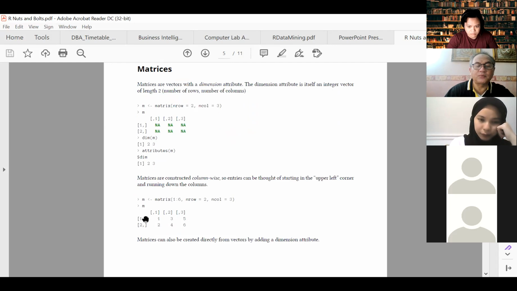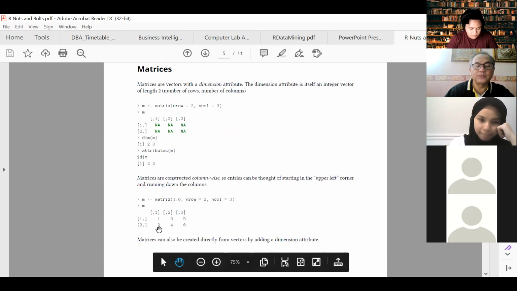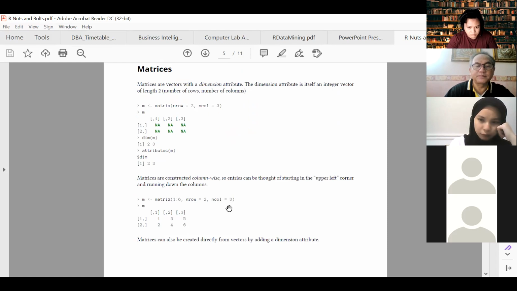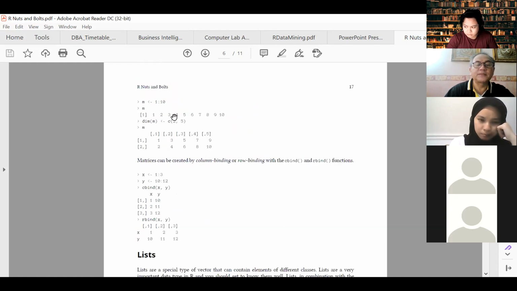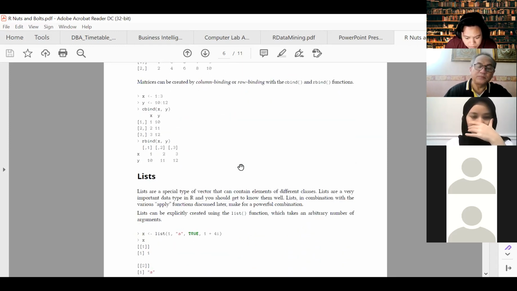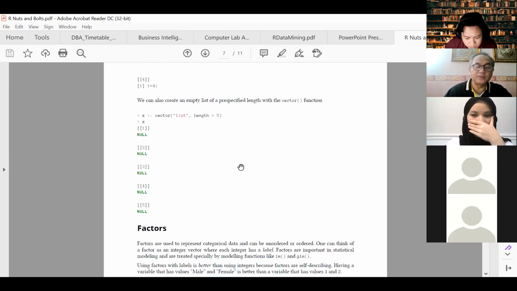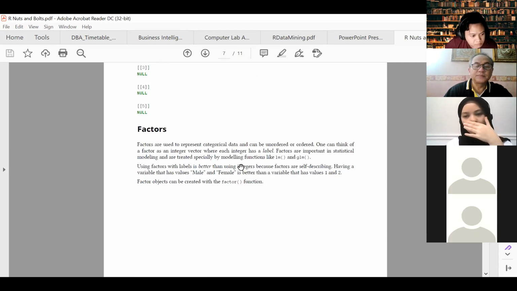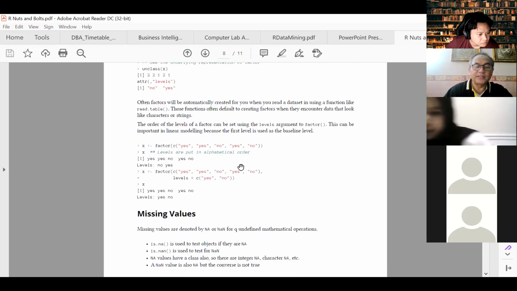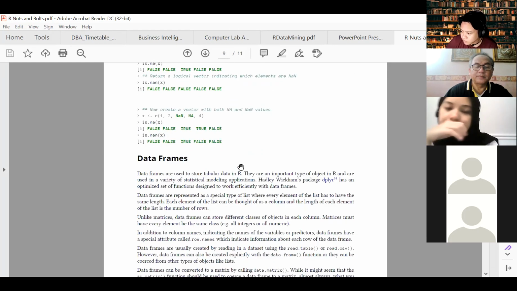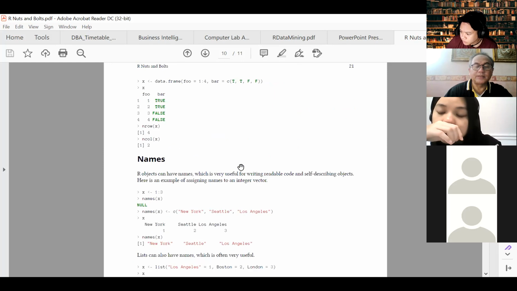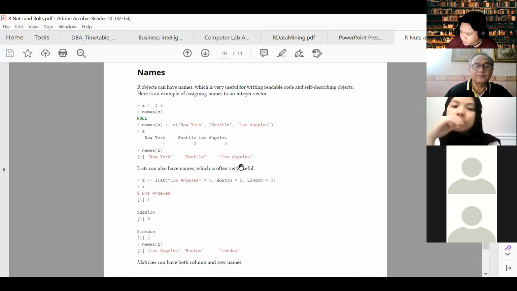So 1, 2, 3, 1, 2, give 1 to 6. 1, 2, 3, 4, 5, 6. You can create matrix. You can just follow in the notes. These are just very basic R.